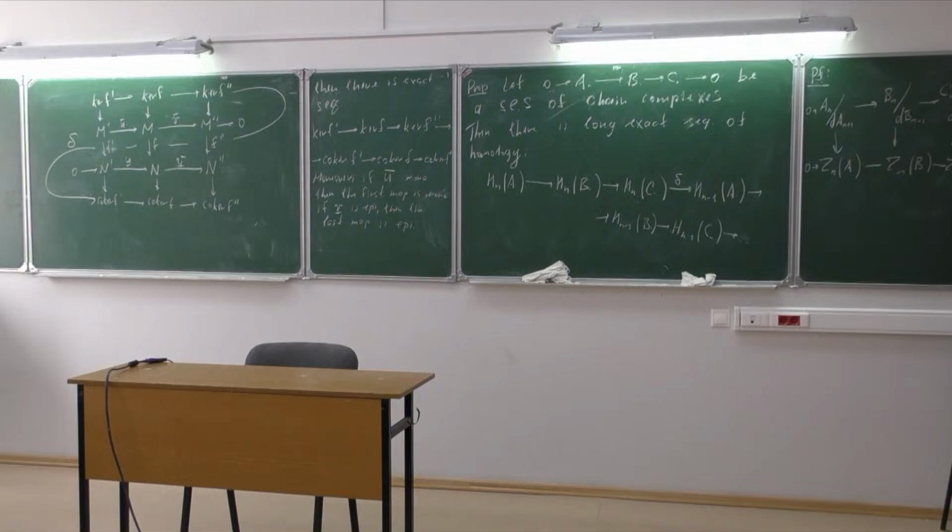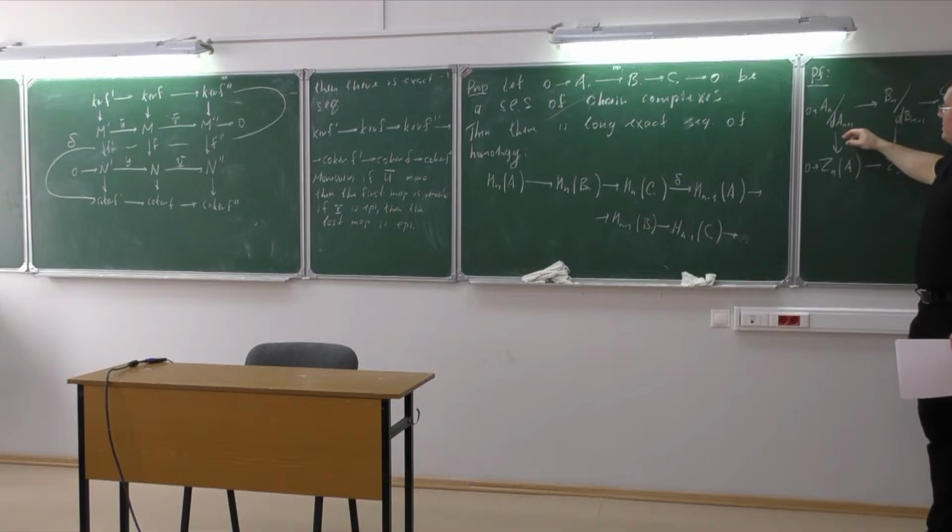So is it clear that for any short exact sequence of complexes and any n, we can always construct such a diagram of modules? For example, let's look at this part. Why do we have a map here? What's this map?